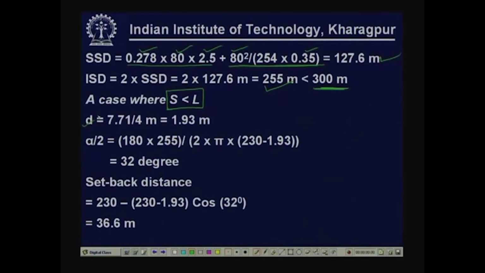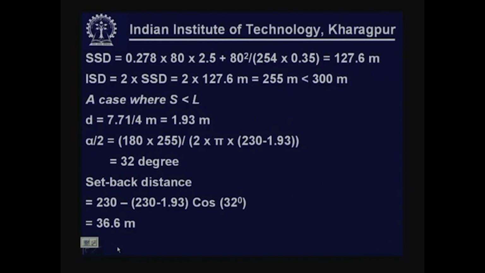Center line of the road to center line of the inner lane, it is 7.71 by 4. So, 1.93 meter. So, alpha by 2 is calculated and setback distance is R minus (R minus d) cos alpha by 2, that is 32 degree. So, 36 meter. So, that way we can calculate the setback distance.